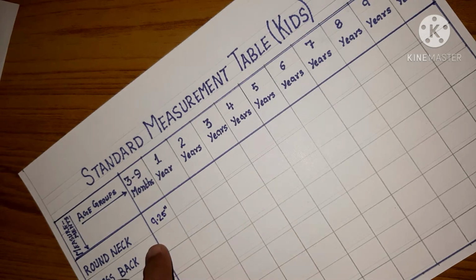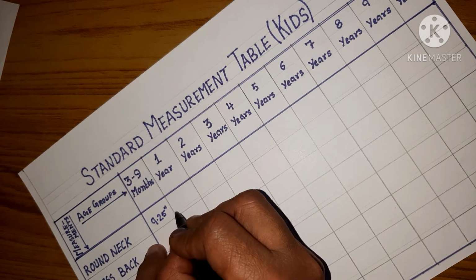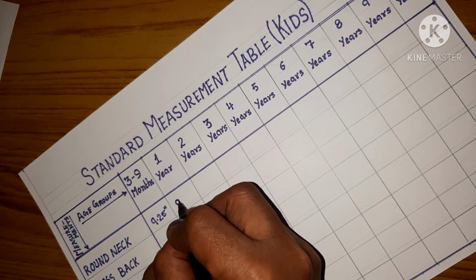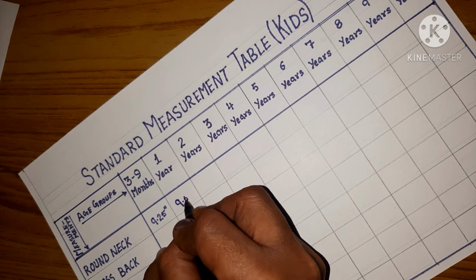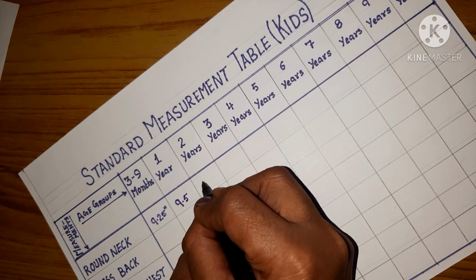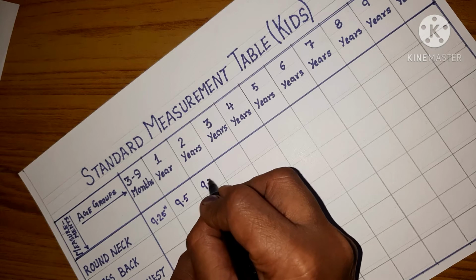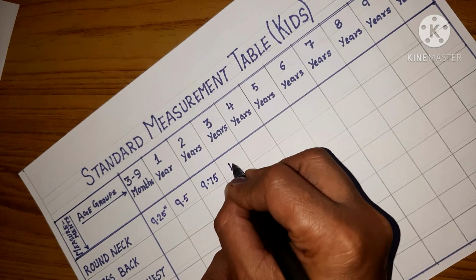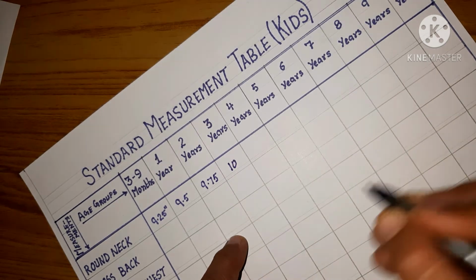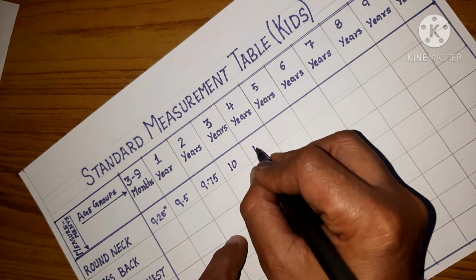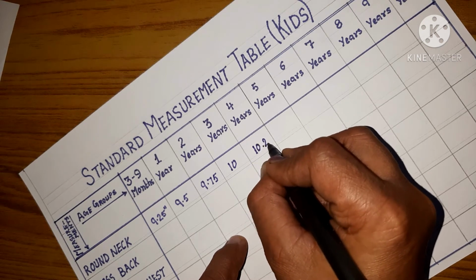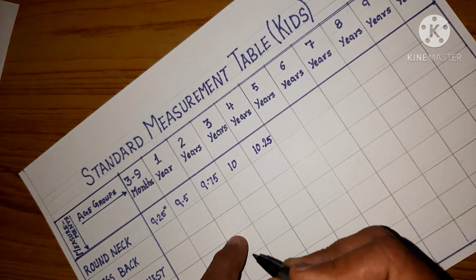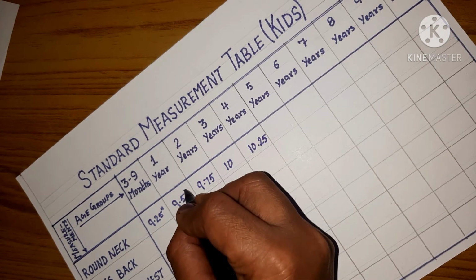Then it will increase by 0.25: 9.5, 9.75, 10, and so on. That means 10.25, 10.5 and so on. Measurements are in inches.